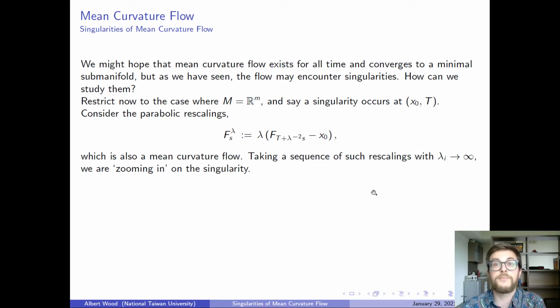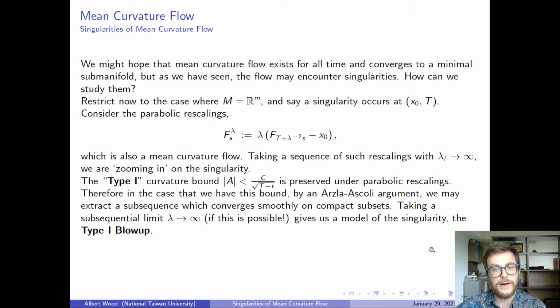But of course there might be a problem there, because there's no guarantee that this sequence of rescaled flows will actually converge to anything. We might get curvature blow up, for example, in which case we wouldn't have C2 convergence to any limit. But if we assume this type 1 curvature bound, where the modulus of the second fundamental form is bounded by some constant over the root of T minus t, then this condition is preserved under parabolic rescalings, and so we get a uniform curvature bound on compact subsets of spacetime.